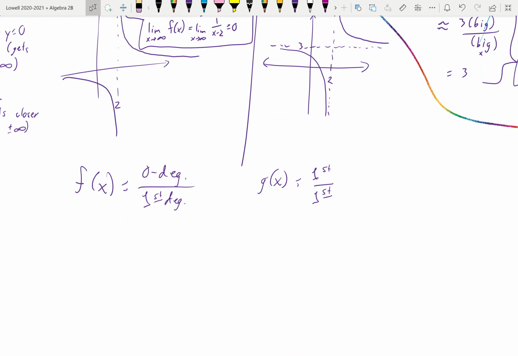And this is actually going to be true whenever the denominator is a higher degree than the numerator.